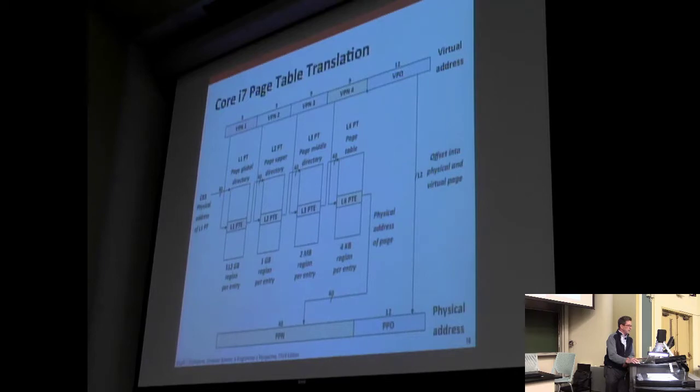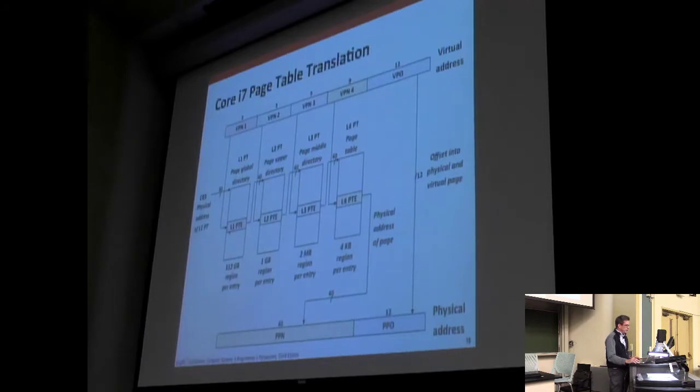The VPN is broken up into 36 divided by 4 equals 9 bits that give offsets into each page table. So there's 2 to the 9th potential page table entries in each of these different page tables. The high order 9 bits, VPN1, are used to compute an offset into that table.